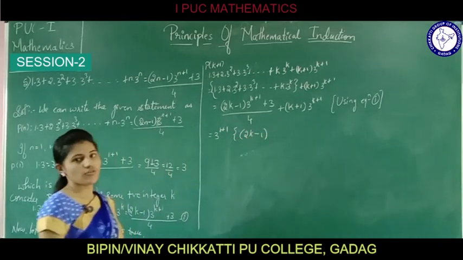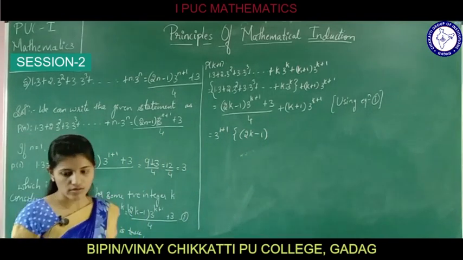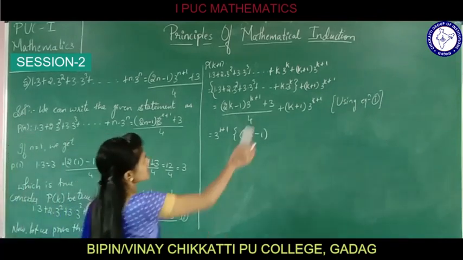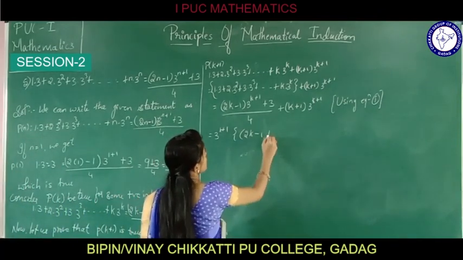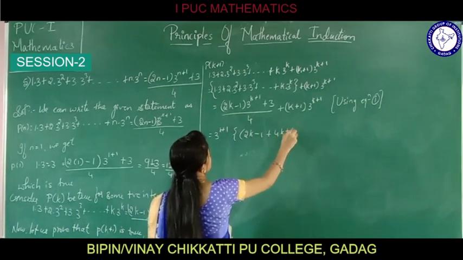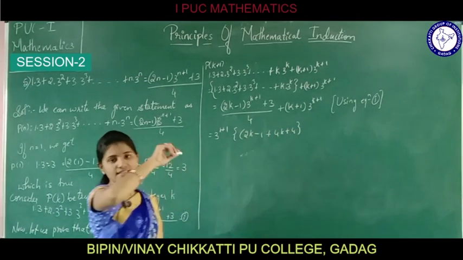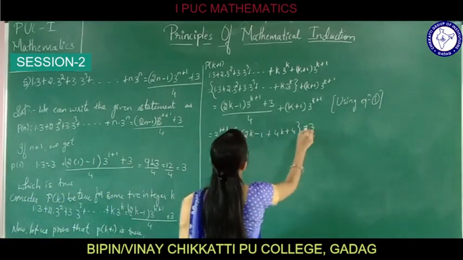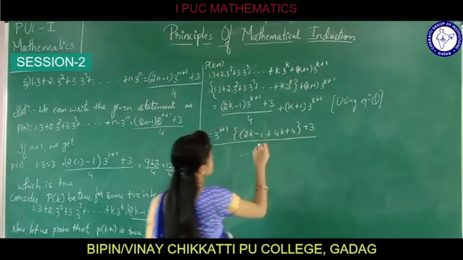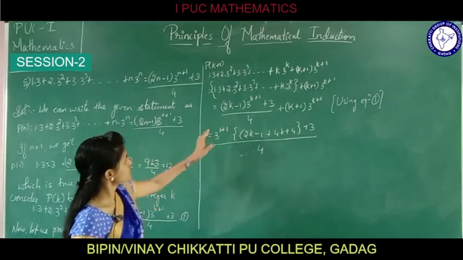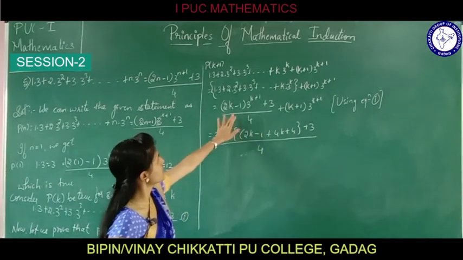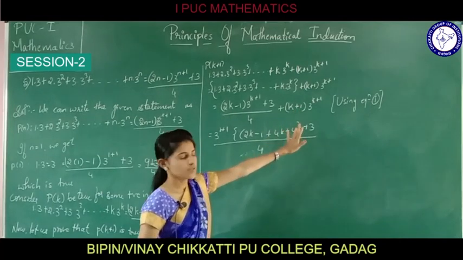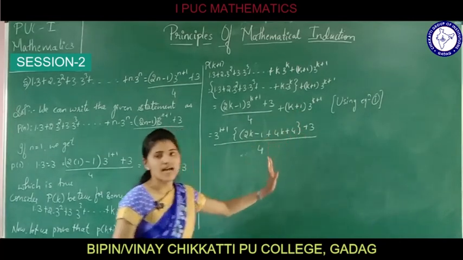On further simplifying, I take the LCM directly, plus 4k plus 4, again taking out 3 outside, plus 4 plus 3 whole divided by 4. I have taken 3 raised to k plus 1 as common, 2k minus 1, and on taking LCM, 4 times k plus 1 is nothing but 4k plus 4, keeping 3 as it is.